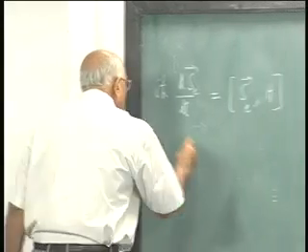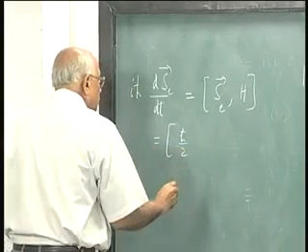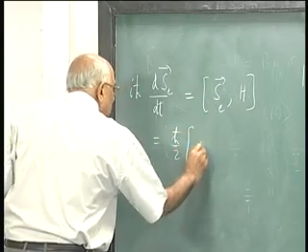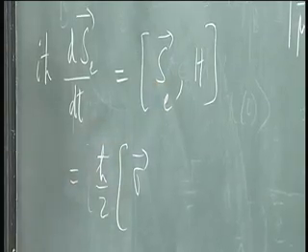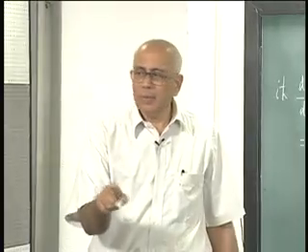And what is this equal to? This is equal to h-bar over 2. So let us take out that h-bar over 2, h-bar over 2 sigma, that is S, with the Hamiltonian. But for the Hamiltonian we had a very simple expression in an arbitrary magnetic field. And what was that?